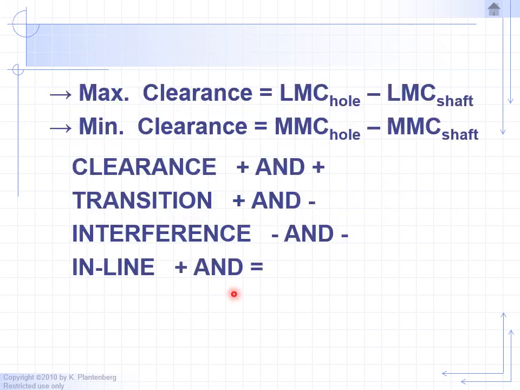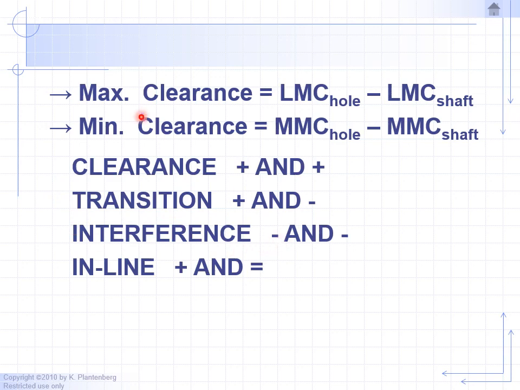And just a quick review: to calculate maximum clearance, you take the large hole minus the little shaft. Minimum clearance is little hole minus the large shaft. If you end up with 2 positives, positive max, positive min, then it's clearance. If you end up with a positive max and negative minimum, then it's a transition.